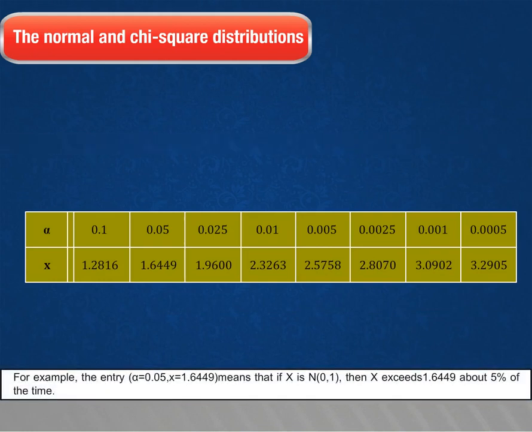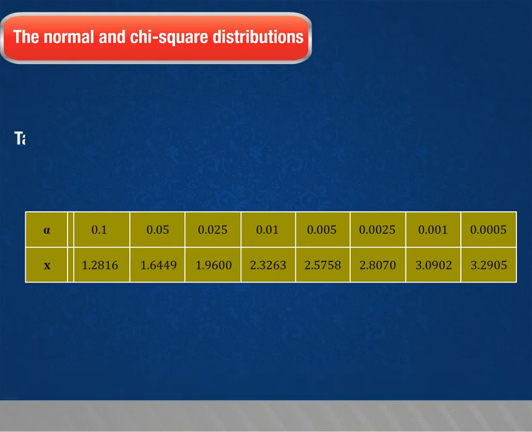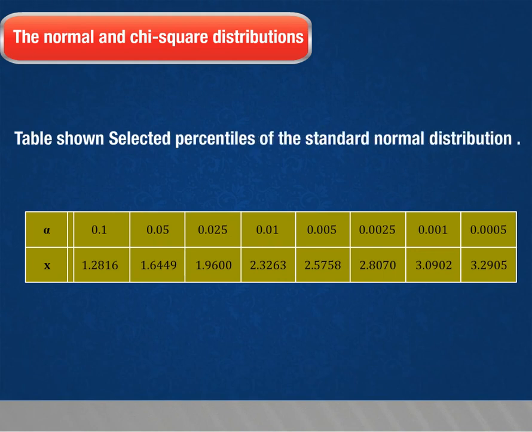For example, the entry alpha is equal to 0.05, x is equal to 1.6449 means that if X is N of 0, 1, then X exceeds 1.6449 about 5% of the time. Table shows selected percentiles of the standard normal distribution.